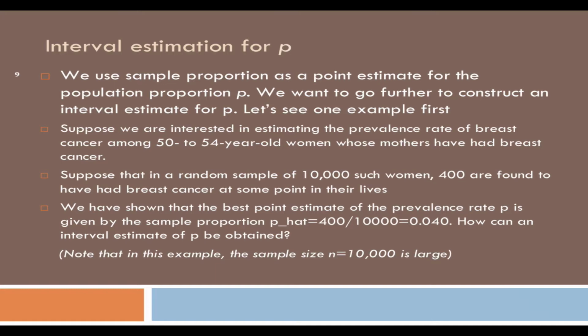Because if P hat is a mean estimate, we already know that P hat follows a mean of P and standard error PQ over N. We already know that. We just estimate those.